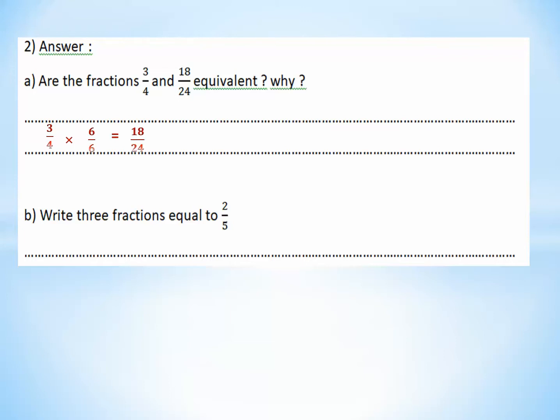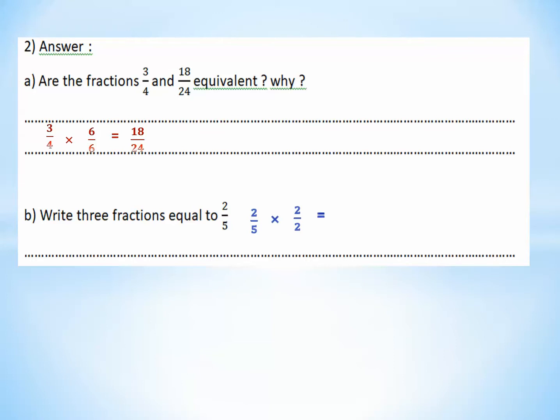Write 3 fractions equal to 2 over 5. As usual, we multiply 2 over 5 by 1, remove 1 and write 2 over 2, 3 over 3, 4 over 4, 5 over 5, whatever.